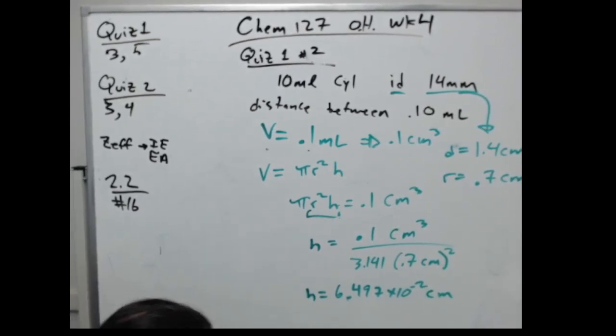This seems like it would be better if I put the answer in millimeters, because it's a pretty small centimeter marking. But keep in mind, it's a pretty small volume, and if you remember what the 10 mil graduated cylinders look like, the distance between the marks is pretty small.